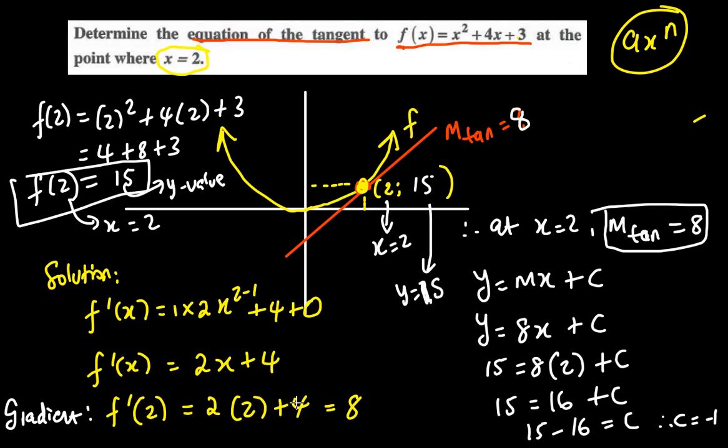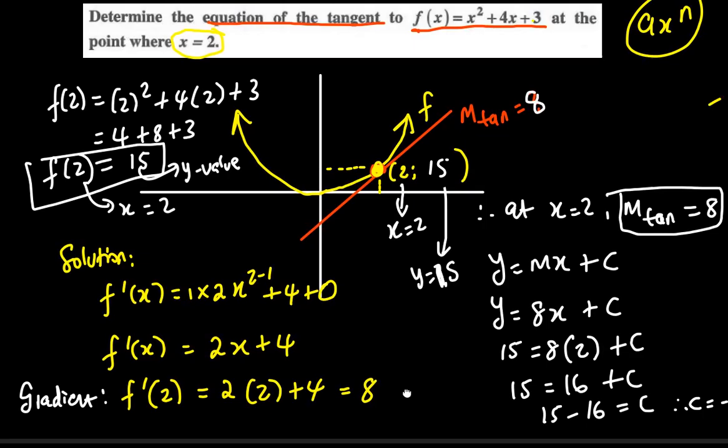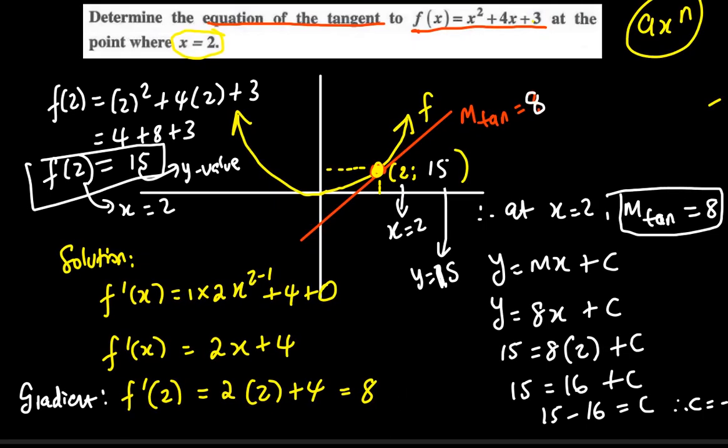So therefore, the equation of our tangent, okay, good people, will be as follows: y is equal to 8x minus 1, because c is minus 1.